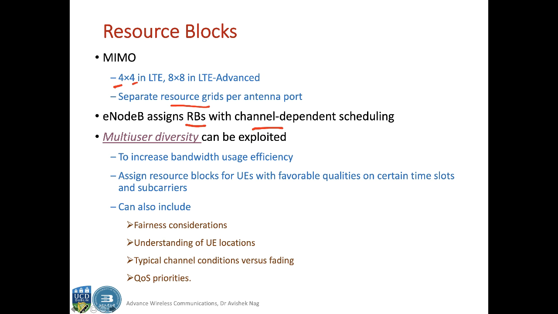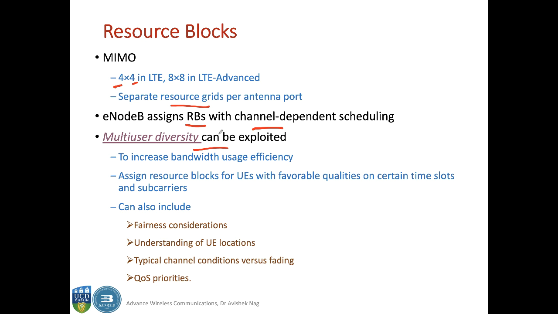The E node B assigns these resource blocks using channel dependent scheduling algorithms so that you can exploit the multi-user diversity which I just explained. So this will increase the bandwidth usage efficiency. This will assign resource blocks for UEs with favorable qualities on certain time slots and subcarriers.